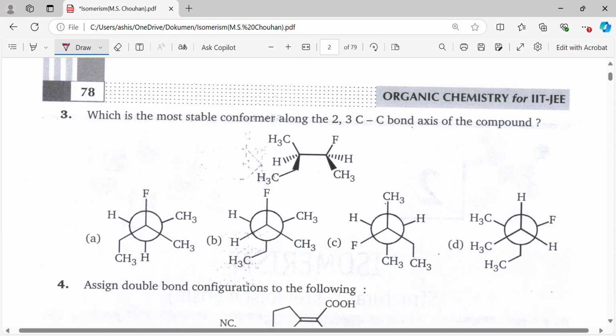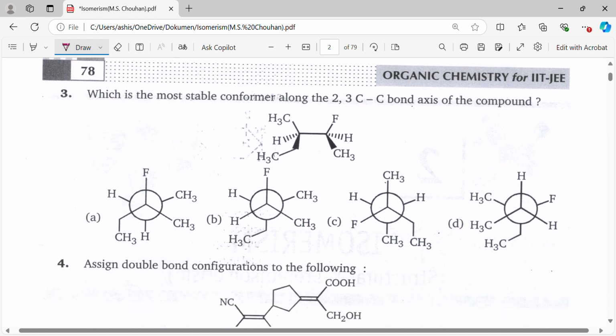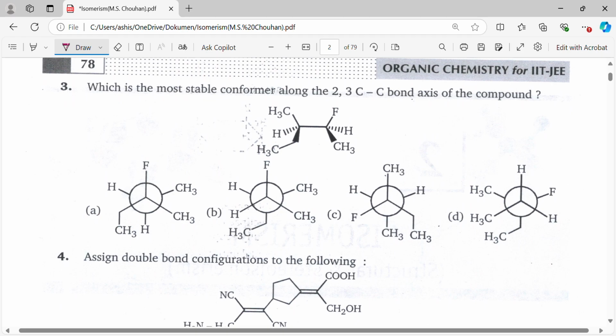The next question is, which is the most stable conformer along the 2,3 axis of the compound? So we have to find the most stable conformer. That is carbon number 2 and carbon number 3. First of all we have to decide which group is the largest group.